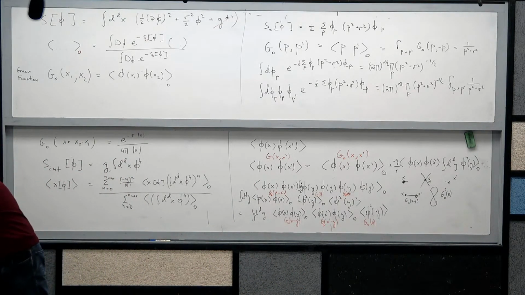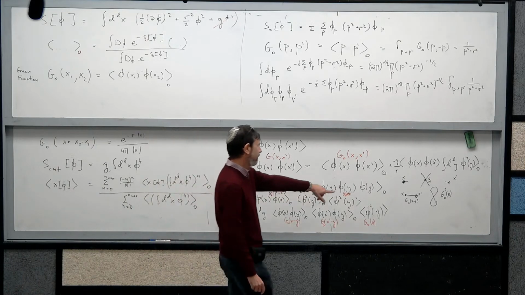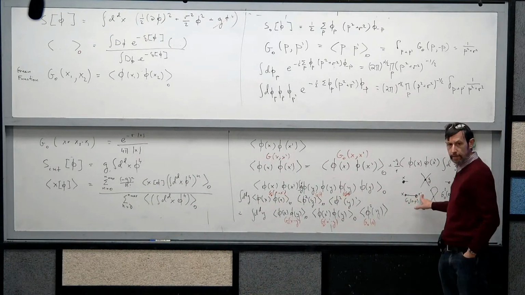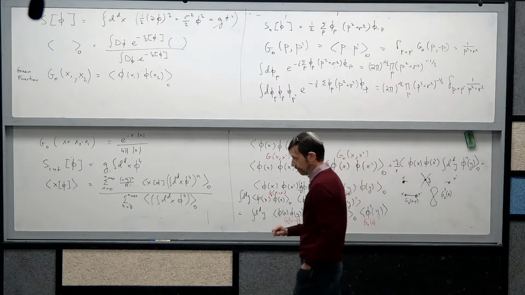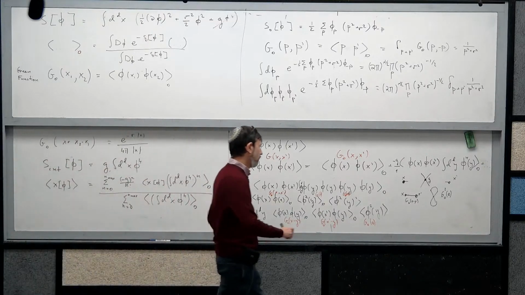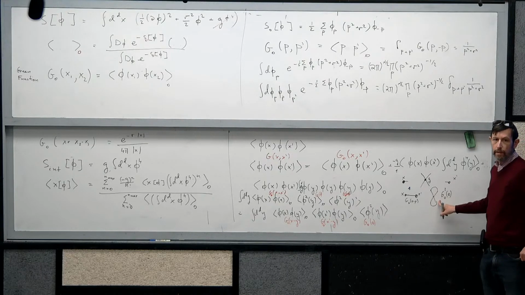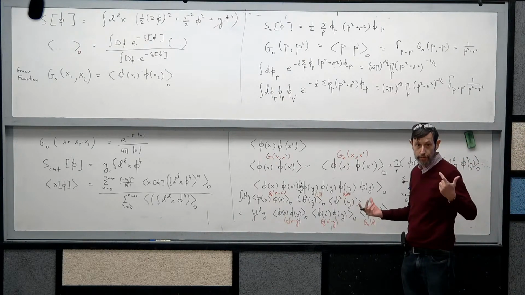Okay. How many different combinations do we have here? Combining x and x prime, only one. Let's choose a color. Here I have 3 different ways of combining these 4 legs.